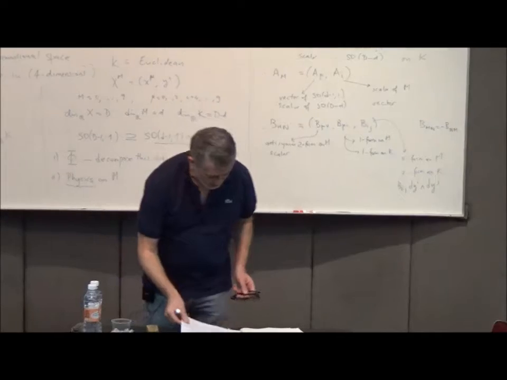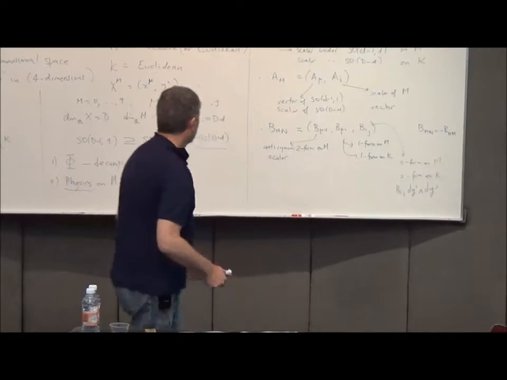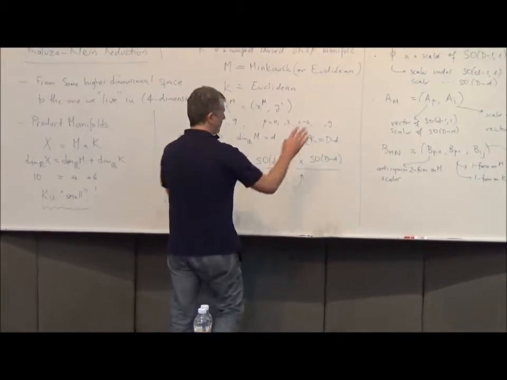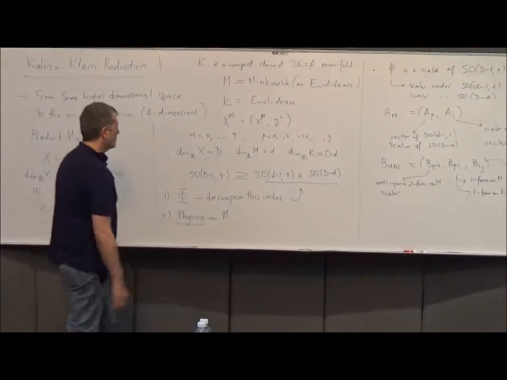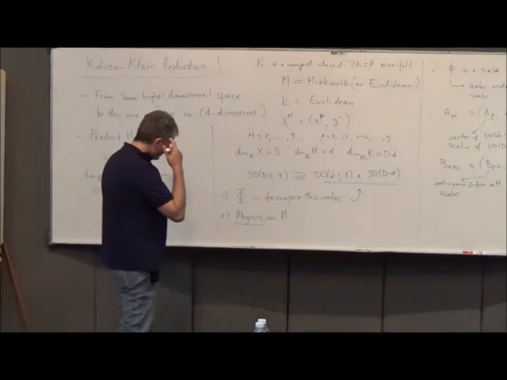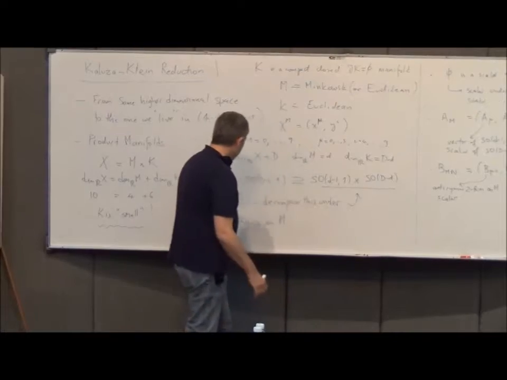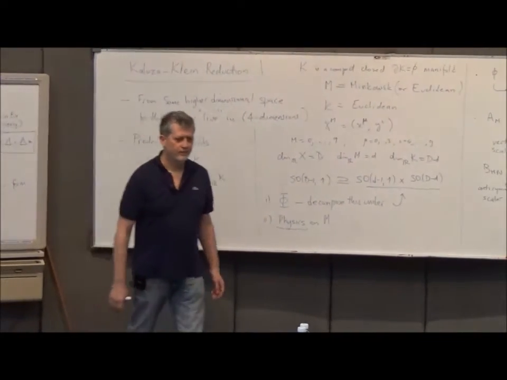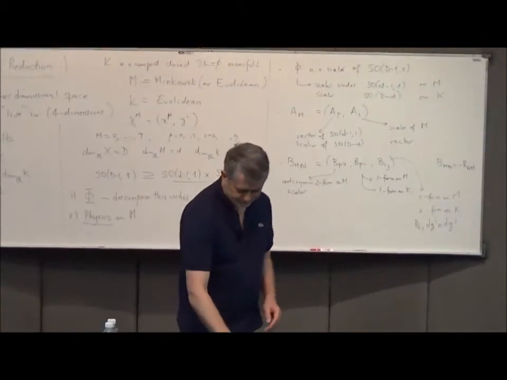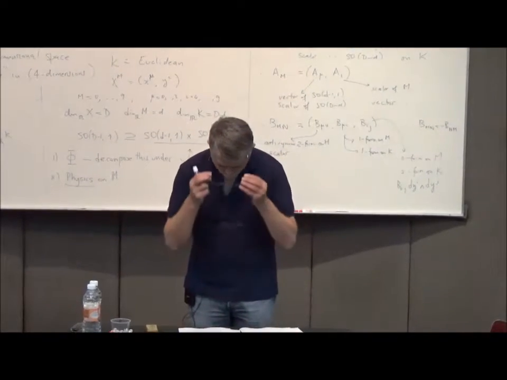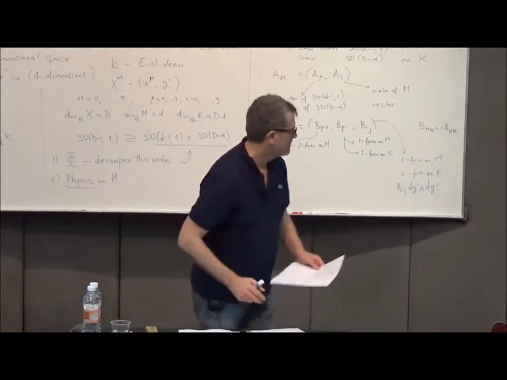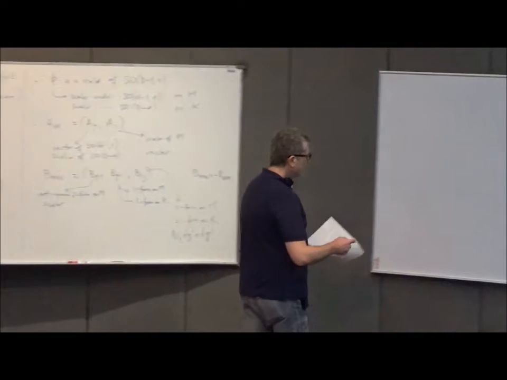Okay. So that's roughly the picture of what happens with the groups. So this is how they decompose. Well, what is really going on? So let's have a look. Give an example. Here's the example.